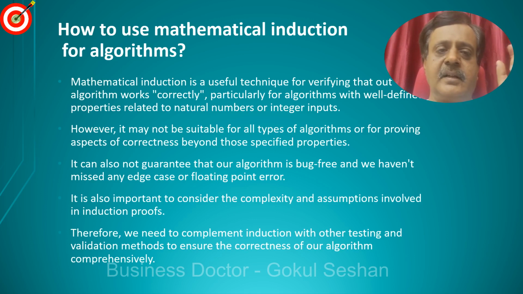We discussed at the very start that you have to use these mathematical induction techniques wherever there is testing, whether it is chi-square testing, as some people call it, or t-square testing. If you are writing test cases, you decide how many test cases you will write and how many passed and how many failed.